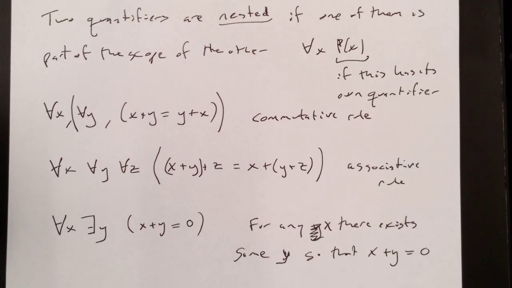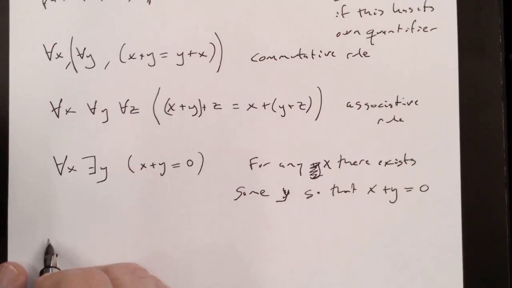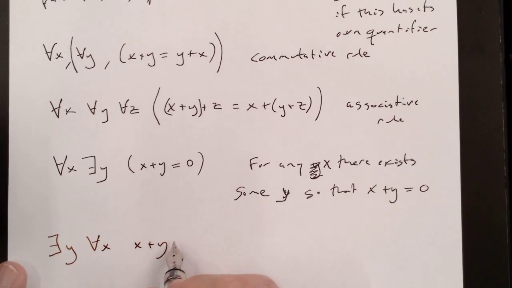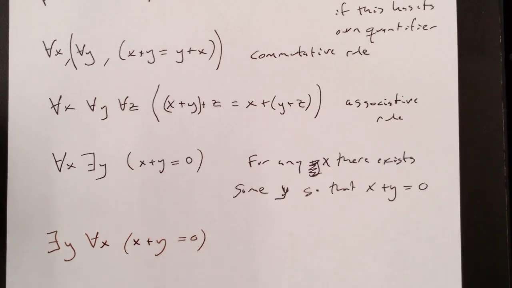If I reversed those two quantifiers, that doesn't say the same thing. Because we read our quantifiers in order from outside to inside, from left to right in this case.